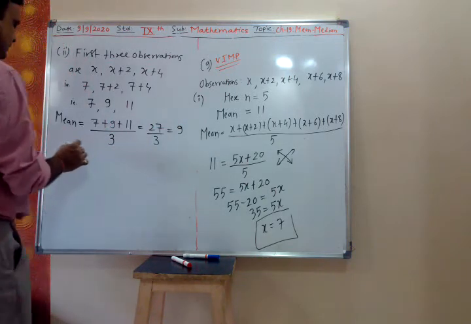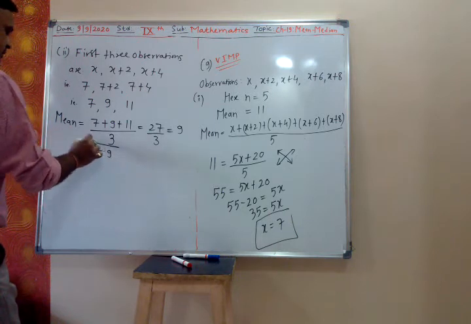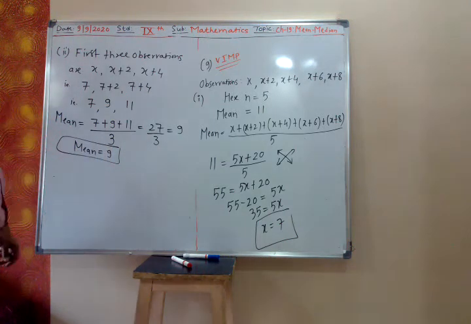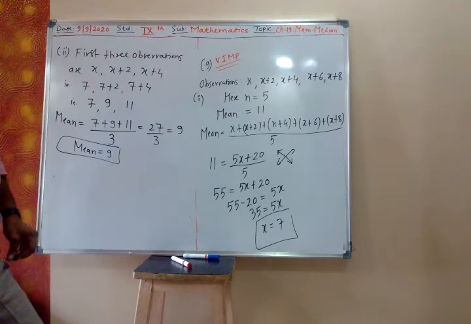That is 27 divided by 3, which is 9. So the mean of the first three observations is 9.